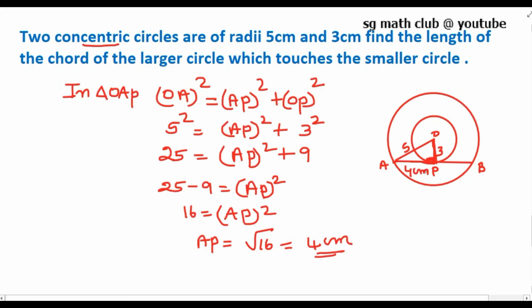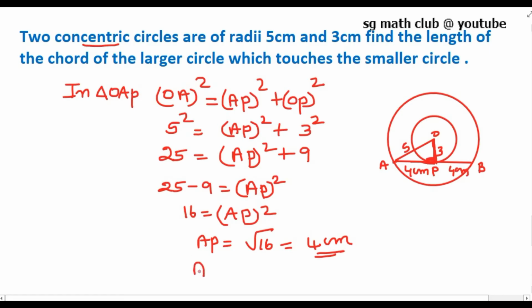But we need to find out the length of this chord. And we also know that the perpendicular from the center of the circle to the chord bisects the chord. That means it divides the chord into two equal parts. So I can write that PB is also 4 centimeter.